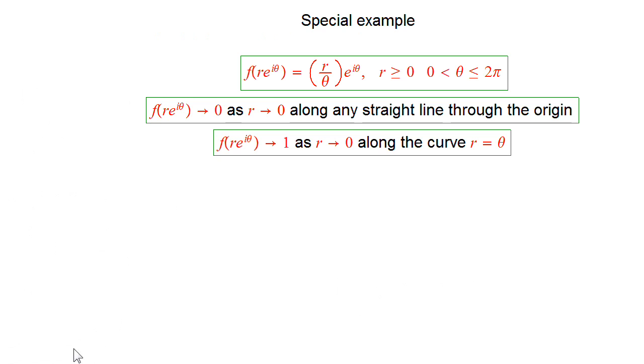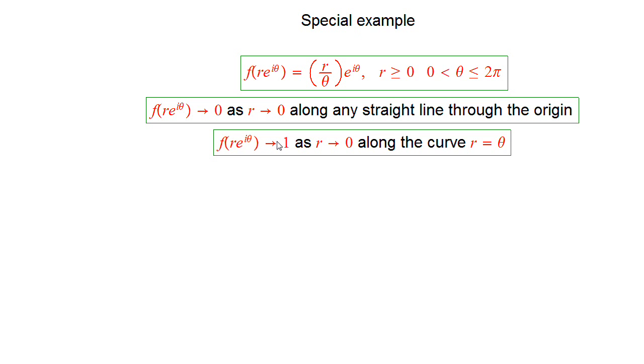Here is a counterexample where the function approaches 0 through the origin along any straight line. But if we go along the curve r equal to theta, using polar coordinates here, then the function will approach 1.